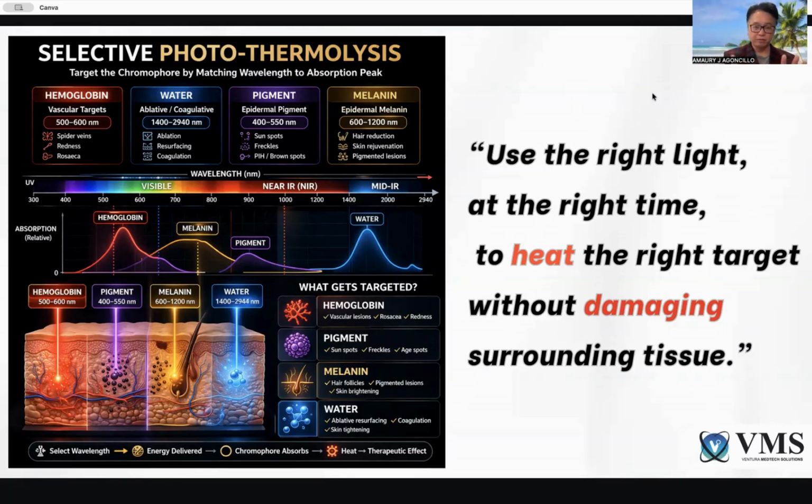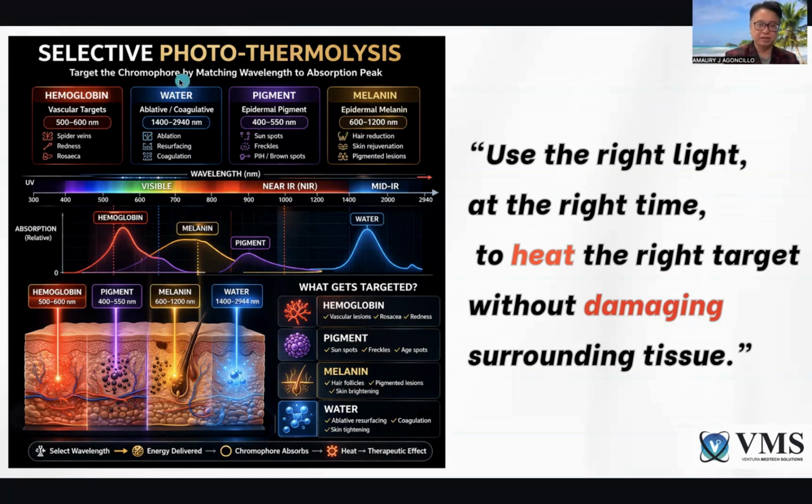Now, briefly, let's discuss selective photothermolysis. It's based on the wavelength. It's always about wavelength. Since IPL is not a laser, it's just mimicking that wavelength, anything between 400 to 500, which is more for pigmentary and even acne.